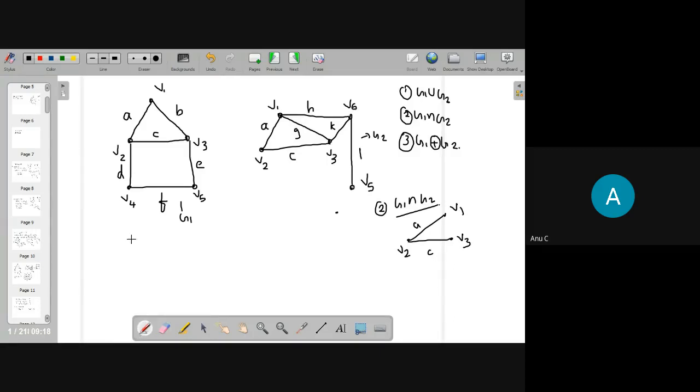The next, G1 ring sum of G2. So the resultant graph is V2, V4. So resultant graph എന്തായിരിക്കും common edges ഉണ്ടാവില്ല, right?